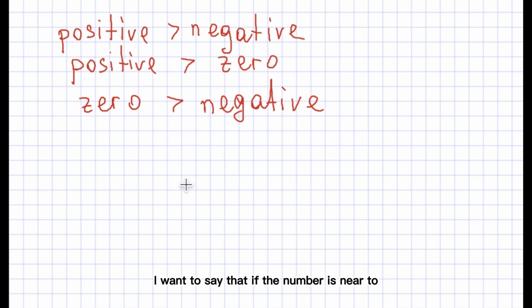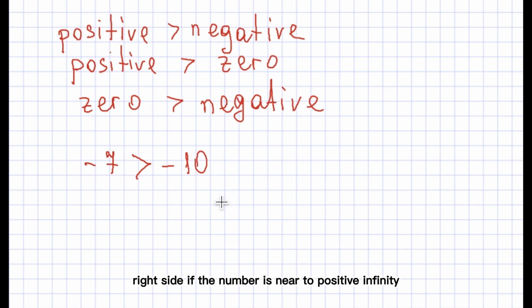One more time, I want to say that if the number is near to the right side, if the number is near to positive infinity, it is more than another number that is far from positive infinity.